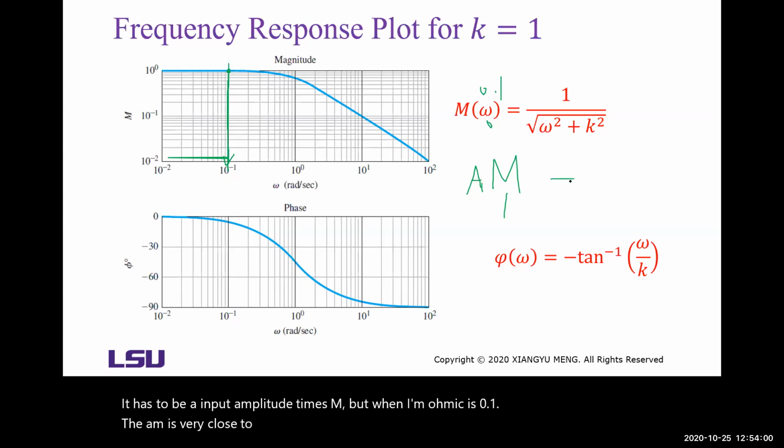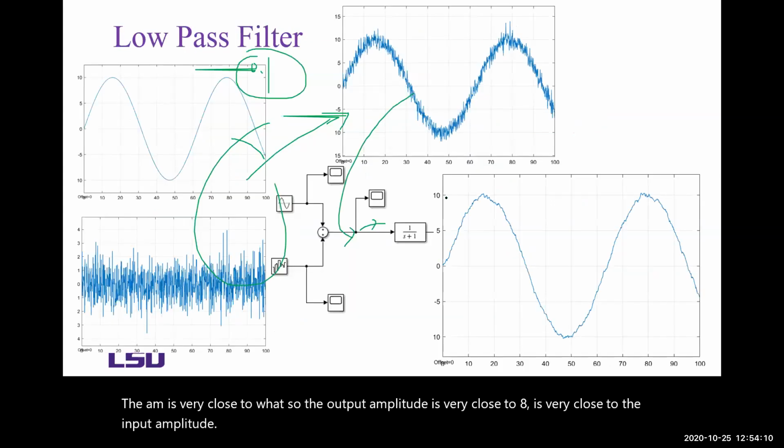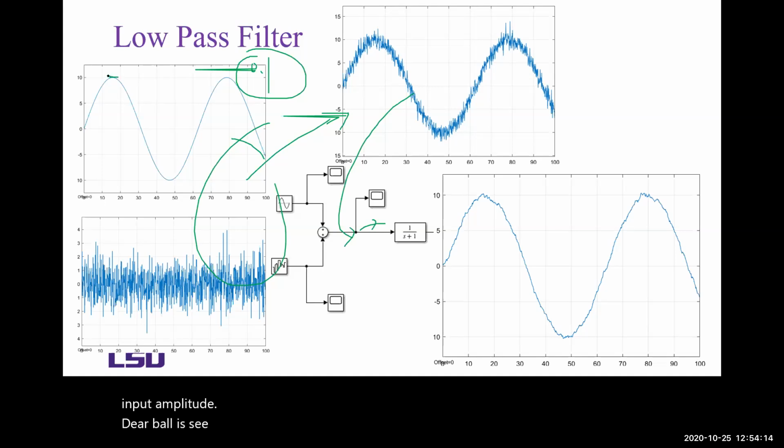So the output amplitude is very close to the input amplitude. Therefore, you see we have the amplitude 10, and here it's very close. It's just a little bit above 10.